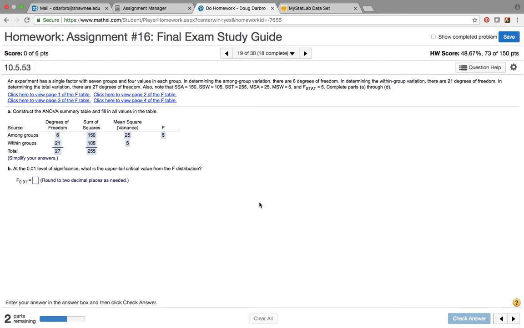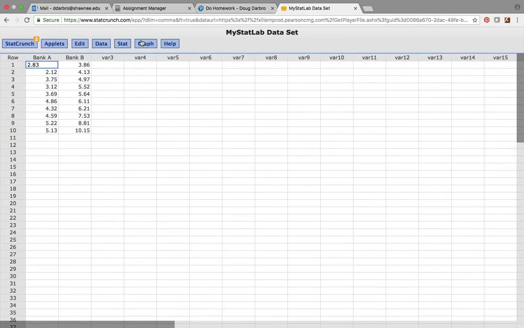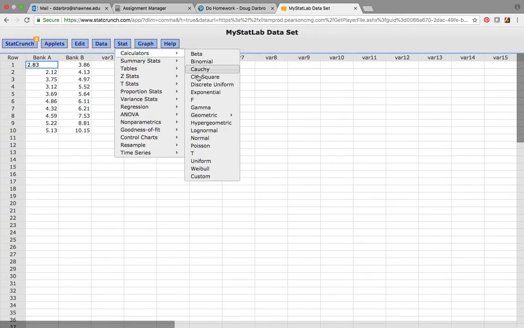Now at 0.01 level of significance, what is the upper tail critical value in the F distribution? So guys, look over here. We have degrees of freedom 6 and 21. And the upper tail probability is 0.01. So gang, we close this down. We go to the STAT calculator and go to the F distribution.